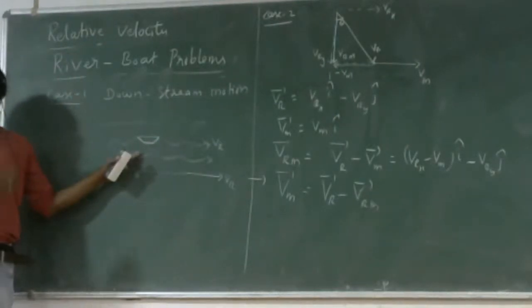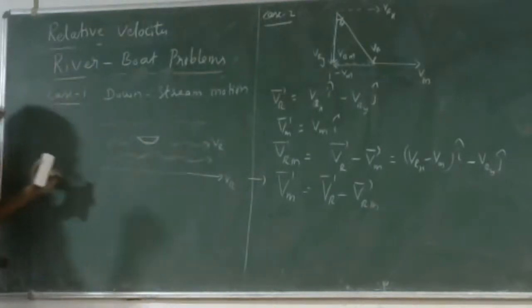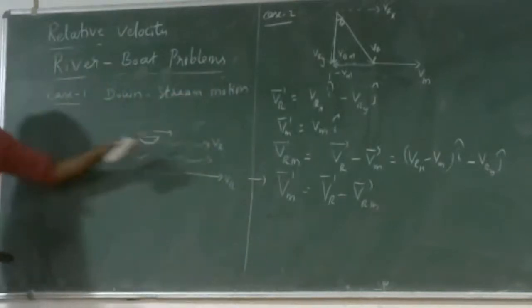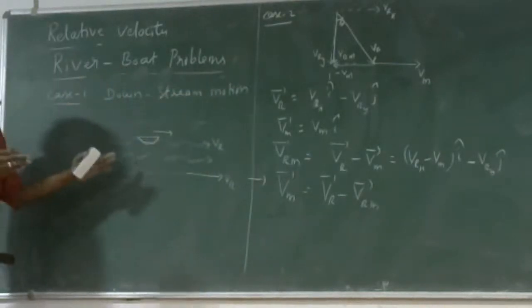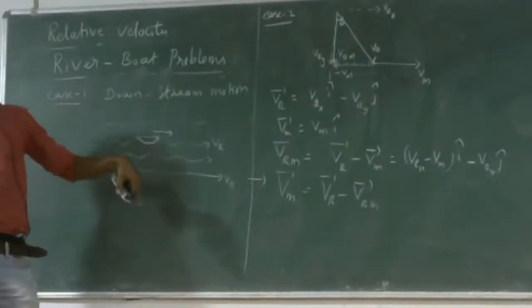Okay, special boat, and you are sitting in this boat, and if you are traveling in the direction of the river, we call it as downstream motion. You are said to be in downstream. Is it clear?